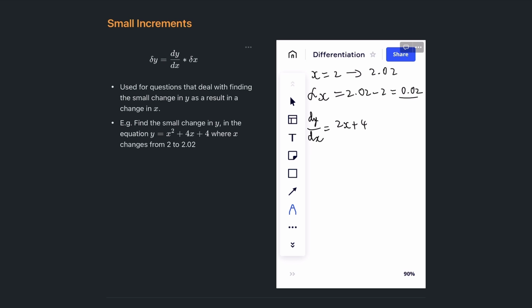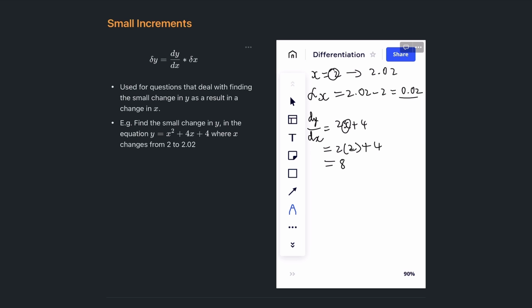So the value that we substitute for x is the original value of x, which is 2. So we substitute x equals 2 and say 2 times 2 is 4, plus 4, that's 8. That's your dy over dx, and that's all you need for this equation.